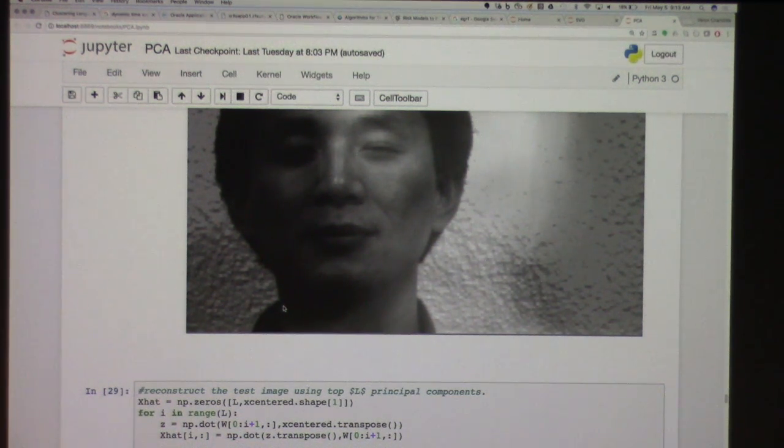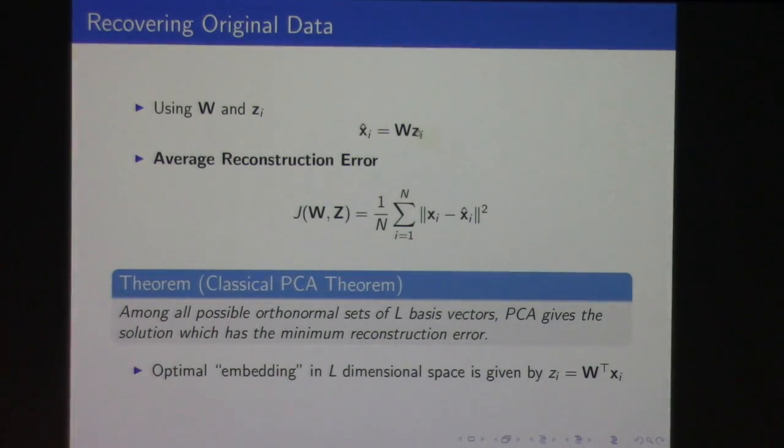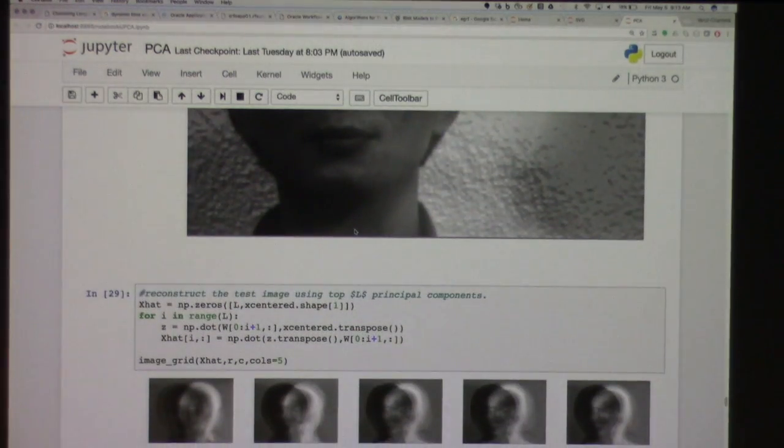That will give me one number, which will be my z for this x. Then I recover my x hat using this formula, which is to re-multiply it with that first principal component, because in this case W will only have one vector. And then I see what that image looks like.